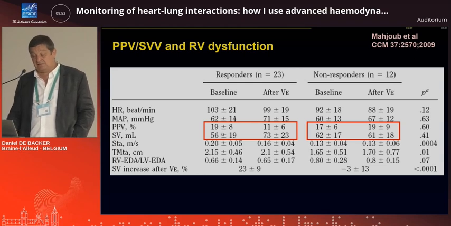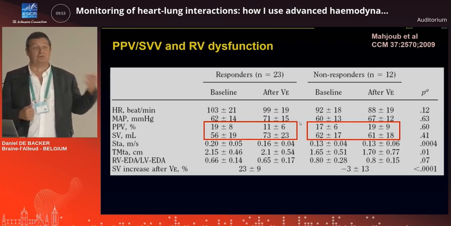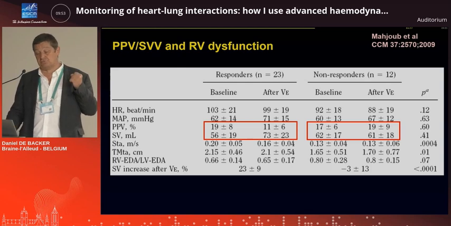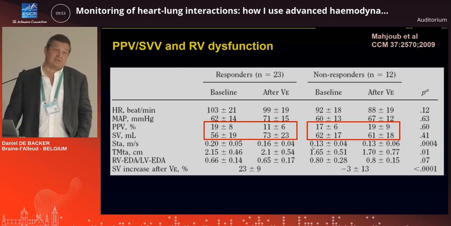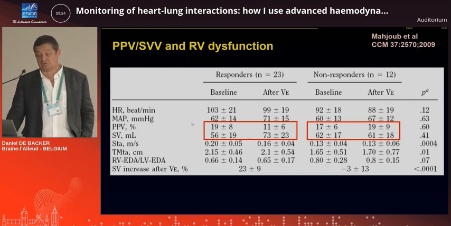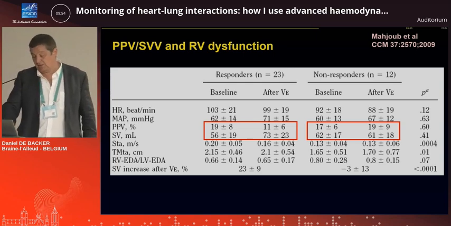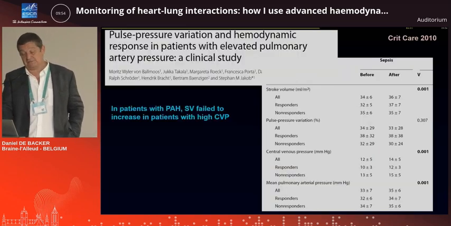And you can see that in these patients here, the pulse pressure variations were exactly identical at baseline in the patient who had responded to fluid and the patient not responding to fluid. And the echo here was interesting to disclose that these patients here, the non-responders, had really a dilation of the right ventricle, which was not the case in the other patients. So right heart dysfunction may at least partly explain these findings.